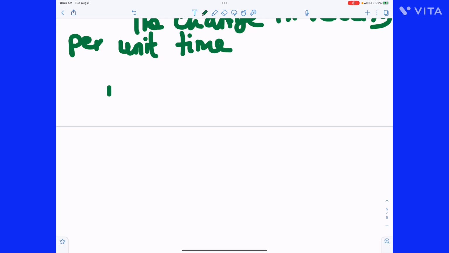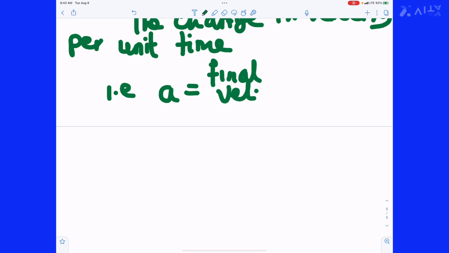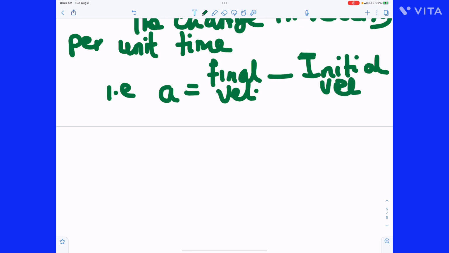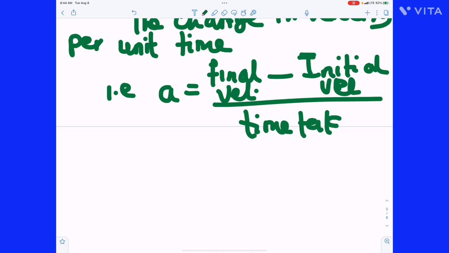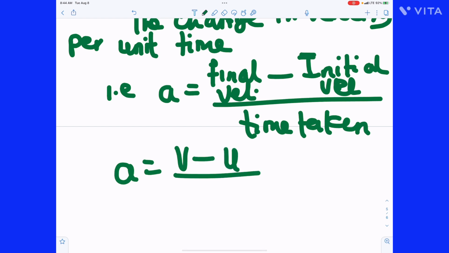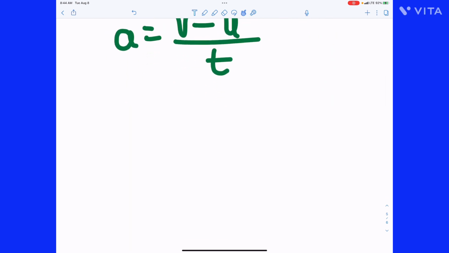So that is acceleration: A is equal to final velocity minus initial velocity over time taken. We said the symbol for final velocity is V, that for initial is U, over time taken. So that's the formula for acceleration.